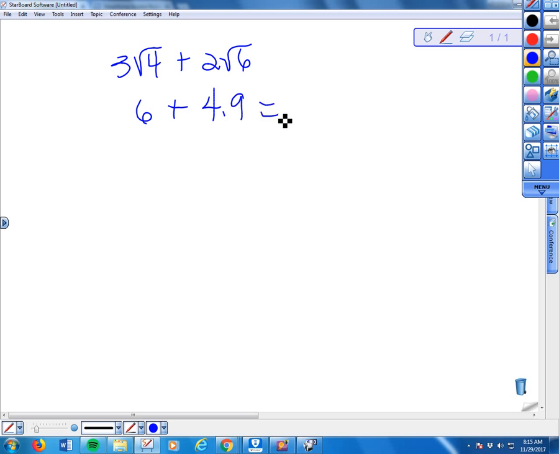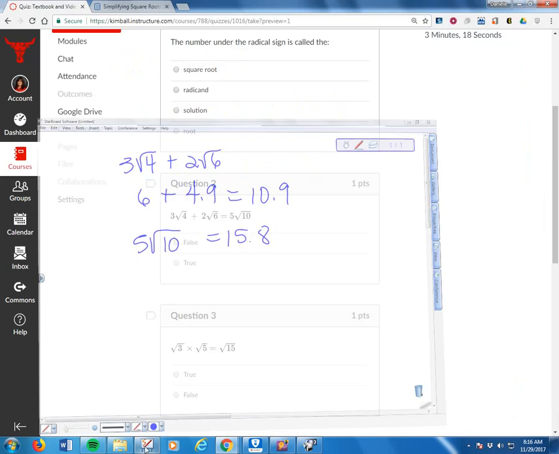So this is equal to about 10.9, approximately. If I were to add these two together to get 5 square roots of 10, 5 times the square root of 10 is 15.8. Okay, so you can't add radicands, if you will, inside the root. You can't just add across. It doesn't work. So this one is false.